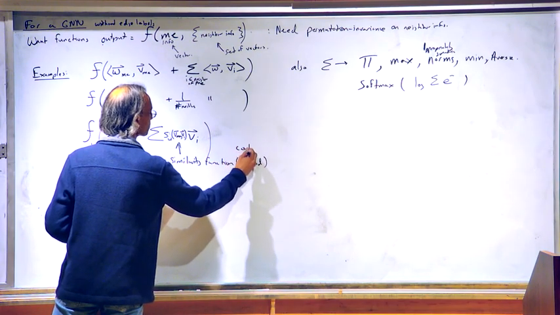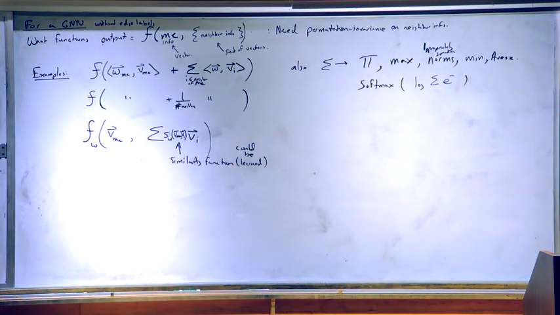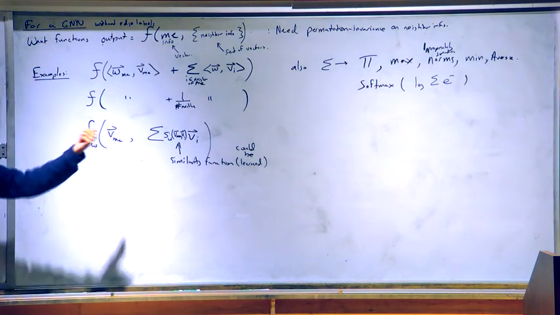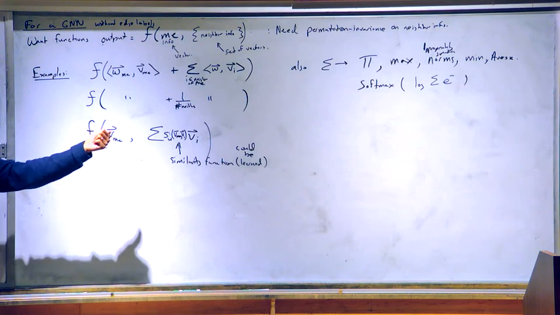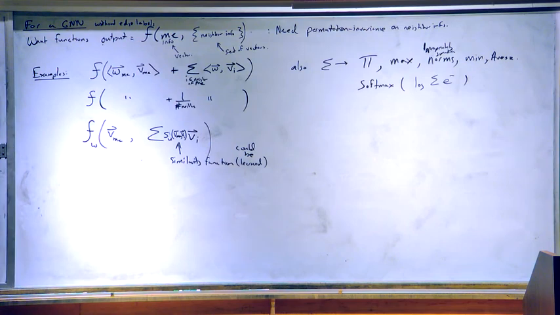Could be learned. Did everyone see that? That's also natural in the graph context. In the graph context, that would be saying, look, I want to look at information from my neighbors where the neighbors that are more similar to me are more important than neighbors that are different from me. Of course, you could modulate that some way, but the idea is you could have a function that depends on yourself and them.